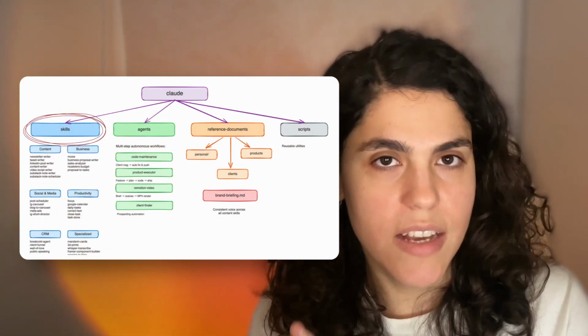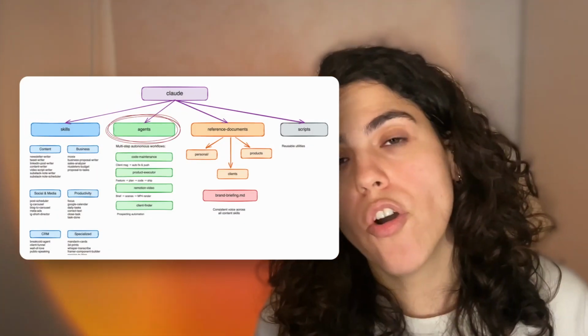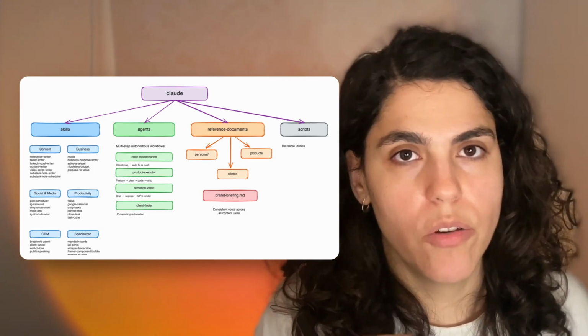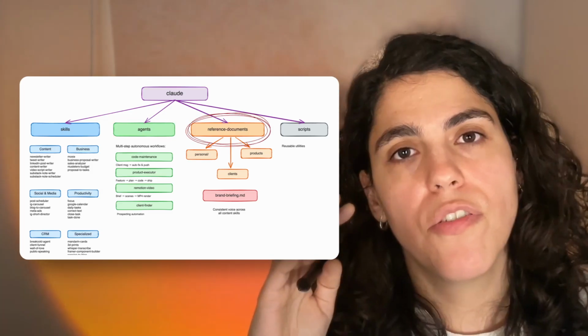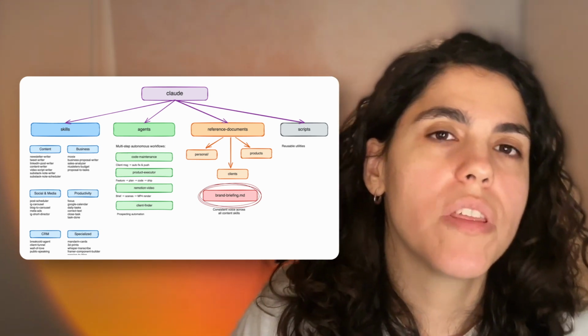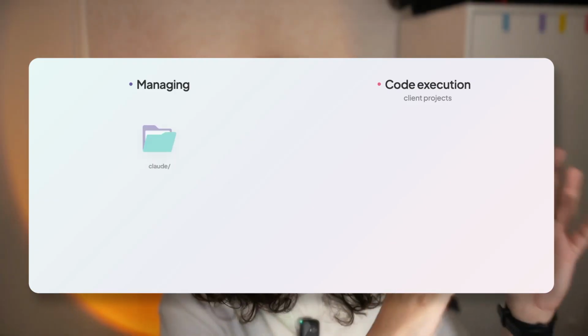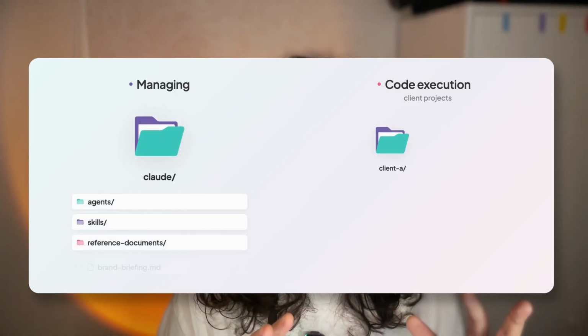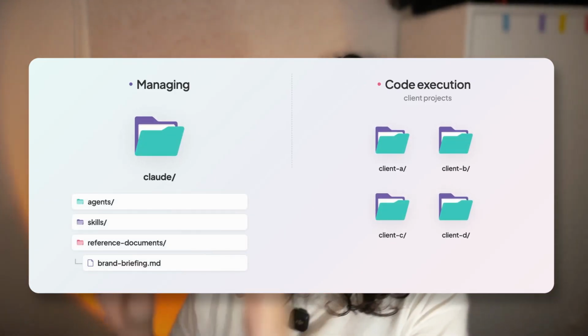So to recap: skills for individual tasks, agents for multi-step workflows, reference documents for project context, and a brand briefing that keeps everything consistent. In my case, separate: managing in the Claude folder, code execution, and client projects in their own folders.